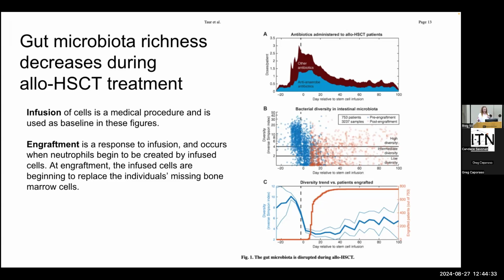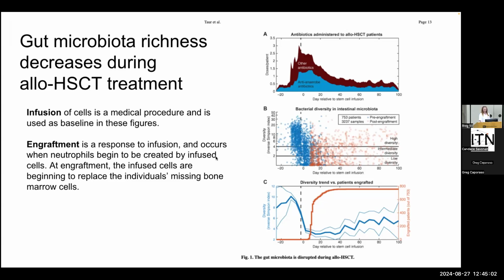That is the infusion point, and that is going to be our dotted line, day 0 here, that goes all the way through all 3 graphs. Engraftment is the response to the infusion, the point at which the neutrophils begin being created, they become infused cells and are replacing the cells that the individual was missing before.